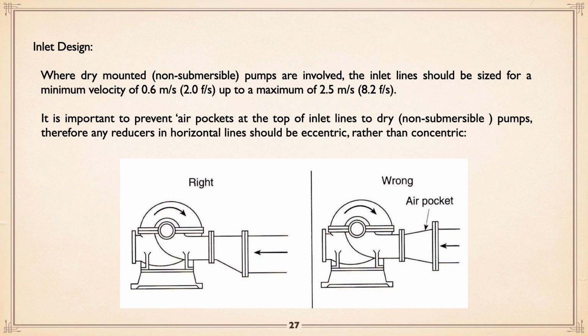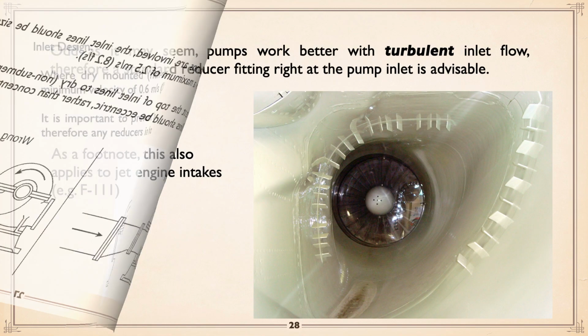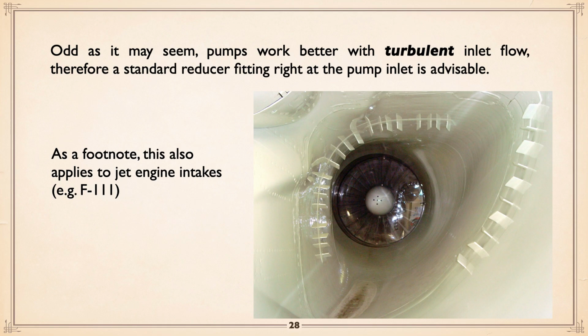Now, getting into inlet design, odd as it may seem, pumps seem to work better with turbulent inlet flow. Therefore, a standard reducer fitting right at the pump inlet is advisable. Now, this is kind of neat. This is the actual inlet to an F-111 jet, and you notice the little tabs all around. You see them on wings of aircraft.